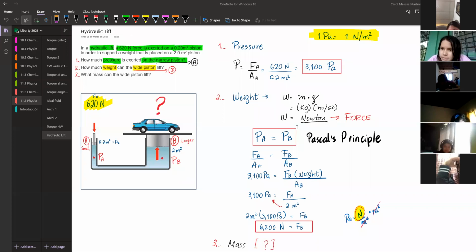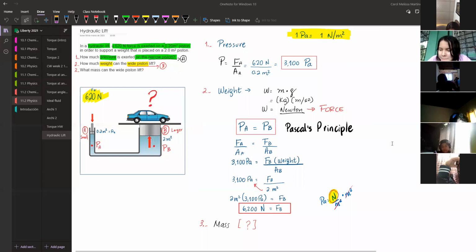What equation relates the mass and the force? The force that the mass represents. Nothing? Guys, are you listening? Density.